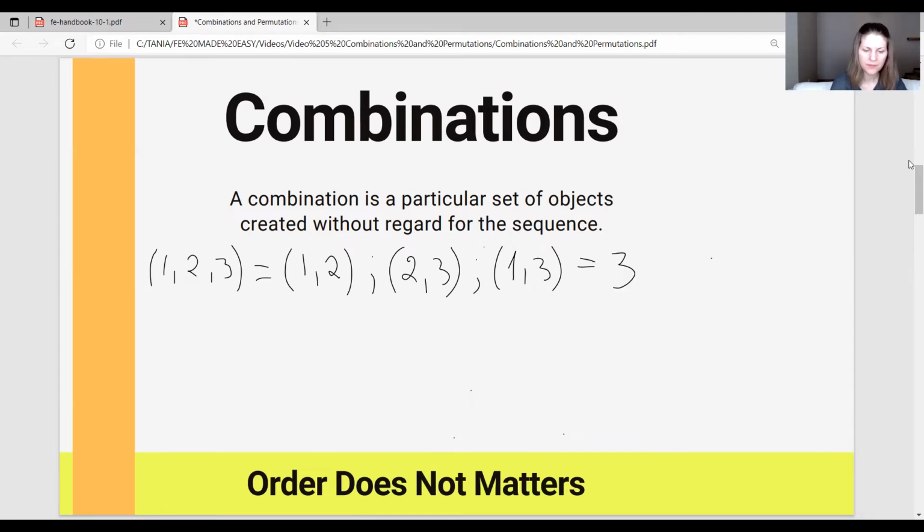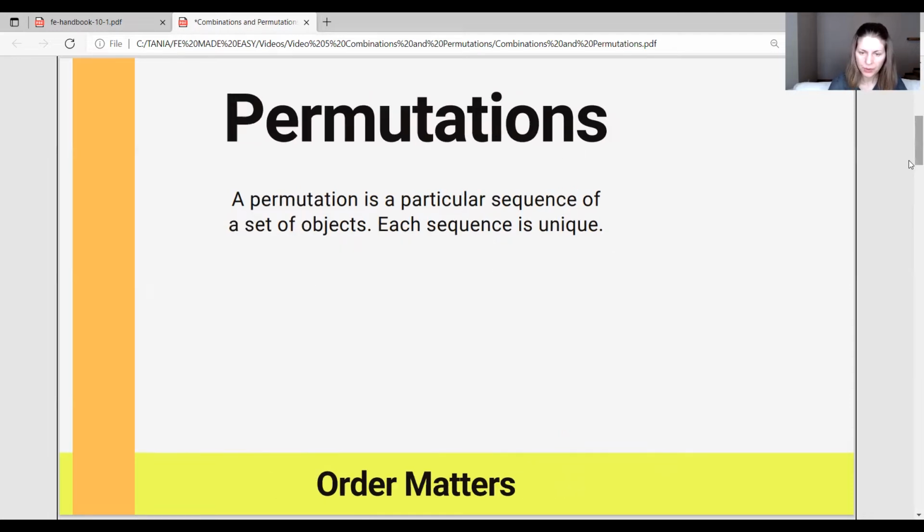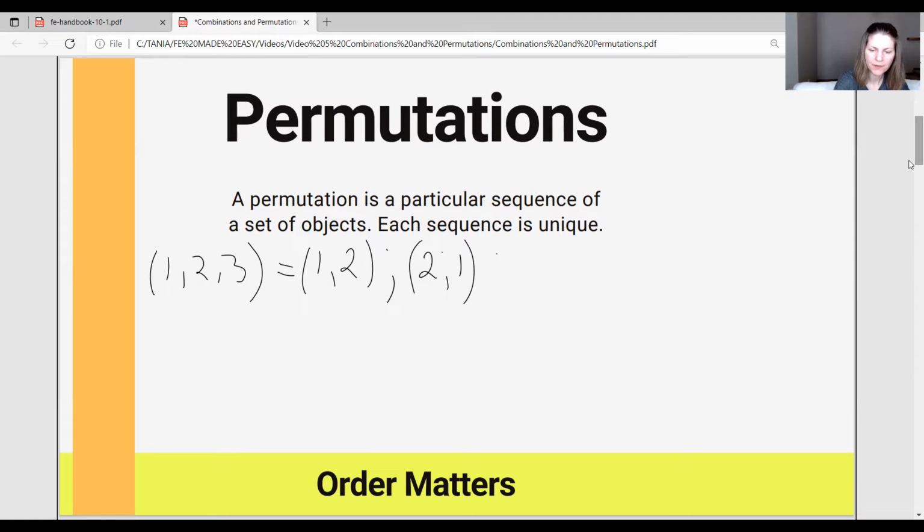Answer is 3. If we go to permutations, a permutation is a particular sequence of a set of objects. Each sequence is unique. In other words, order matters. That means if I take the same 3 numbers and I would like to create groups of unique sets of 2 numbers, I will have 1, 2, and I will have 2, 1, right?